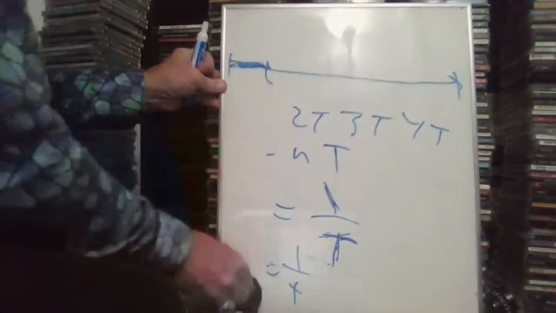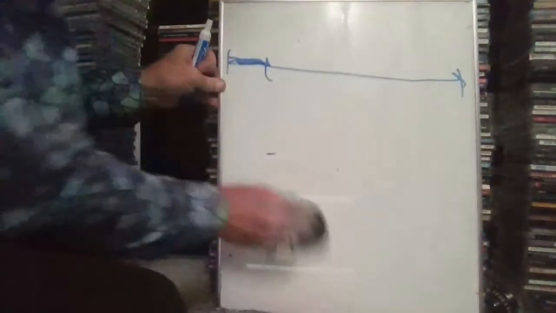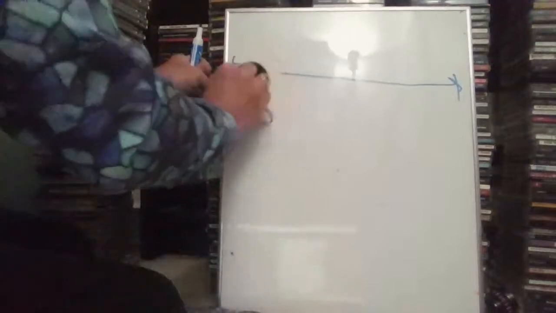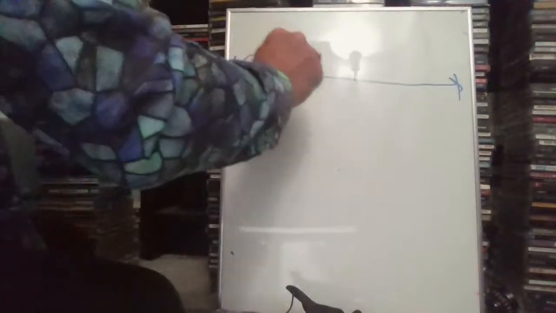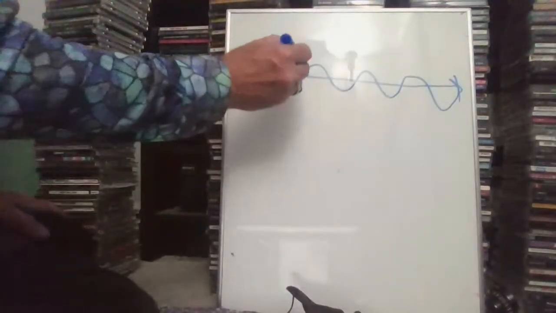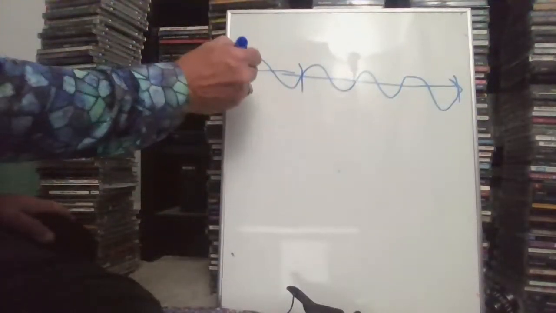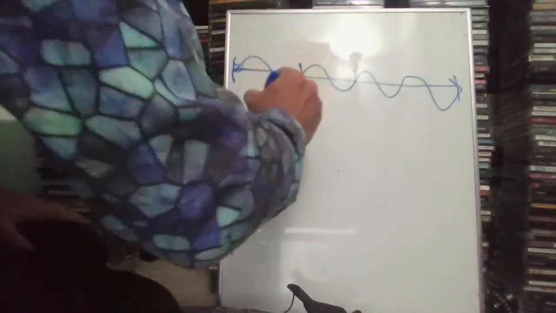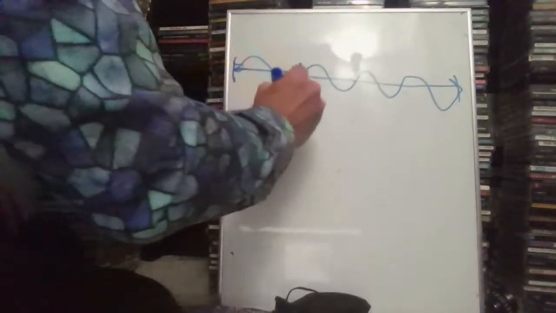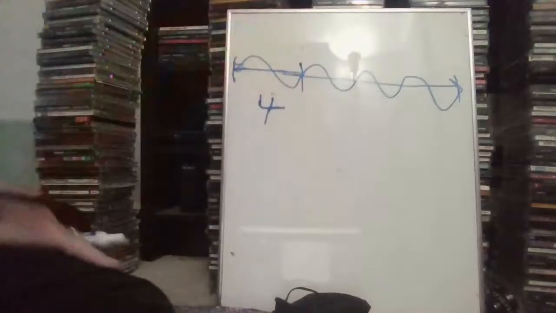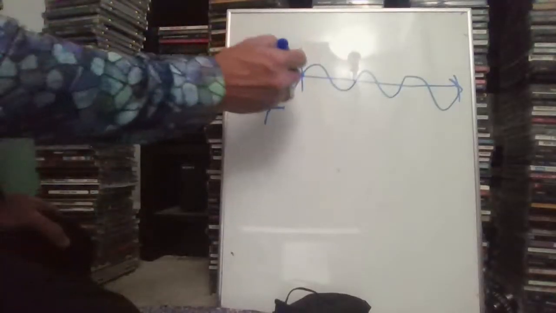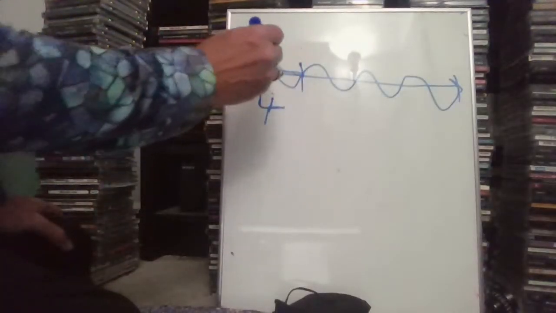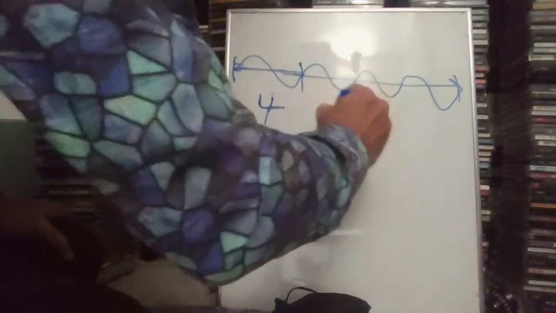So what does that mean? I have a string, and it's got frequencies going on like that. The fundamental period is the smallest period, and let's call it 4. That's the smallest period, so the frequency of that would be 1 over 4.